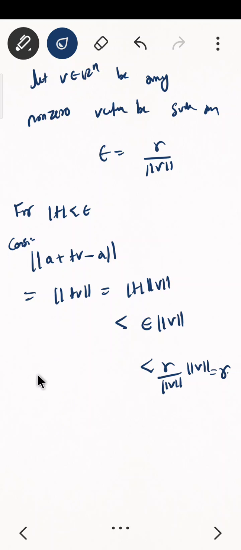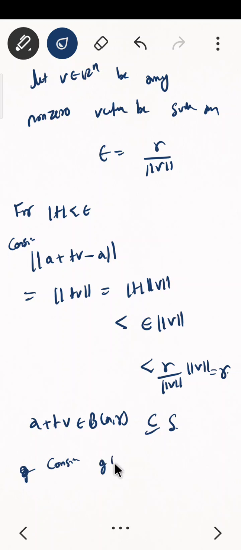So what do you mean by that? a plus tv also belongs to the closed ball B bar, since the norm of the difference is less than r, so a plus tv belongs to the ball, which is a subset of S. Now consider your function g of t equal to f of a plus tv.